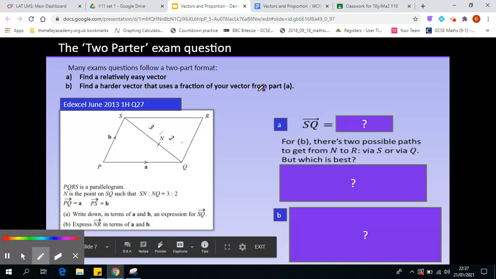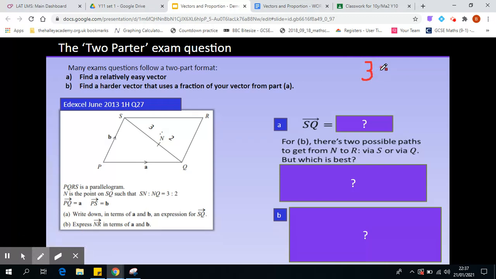Notice the ratio 3 to 2 can be written down as fractions, which is very, very important in this case, which can be represented as 3 over 5 to 2 over 5. Notice I got the denominator 5 by adding both parts of the ratios together.